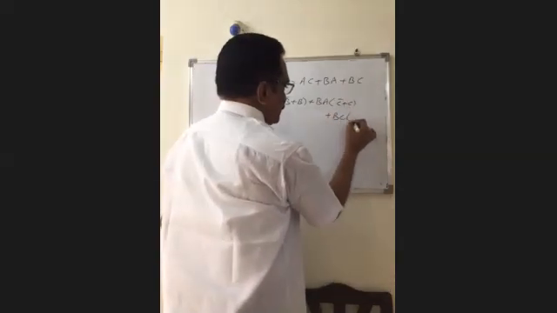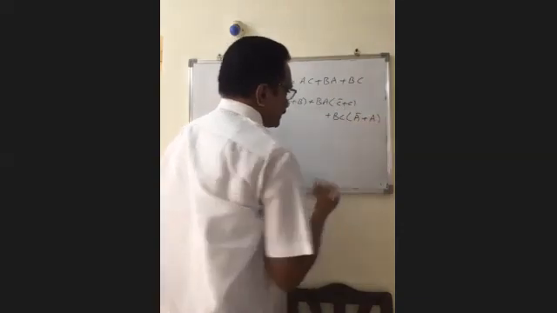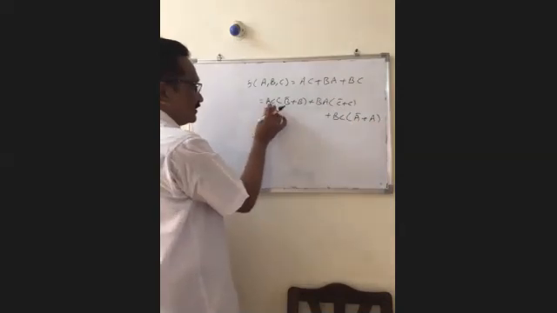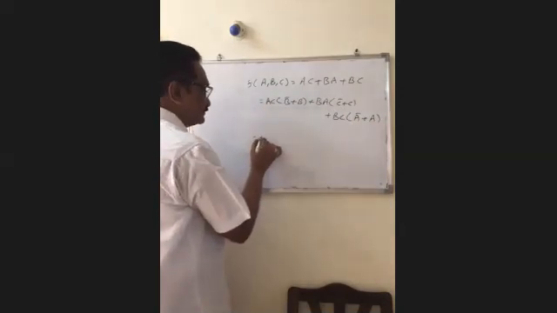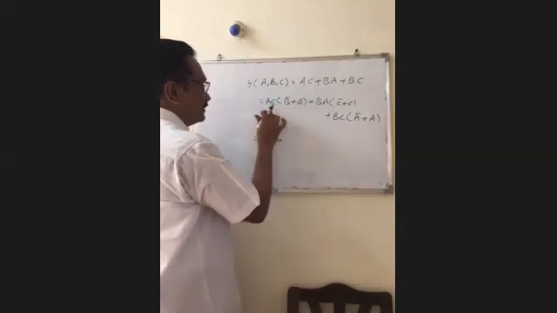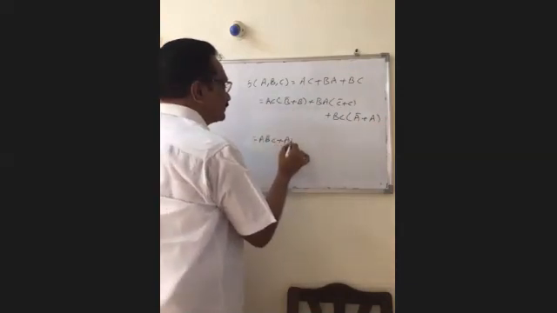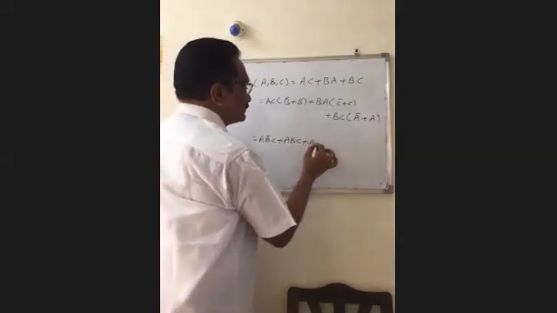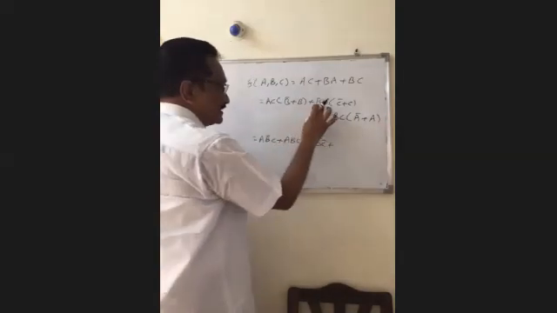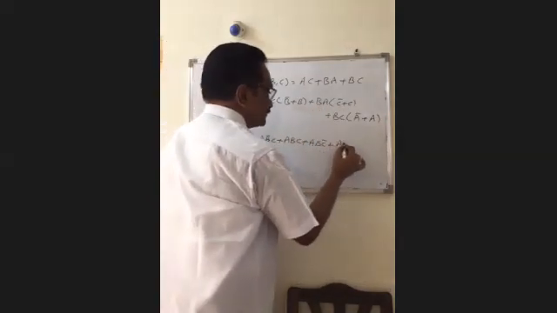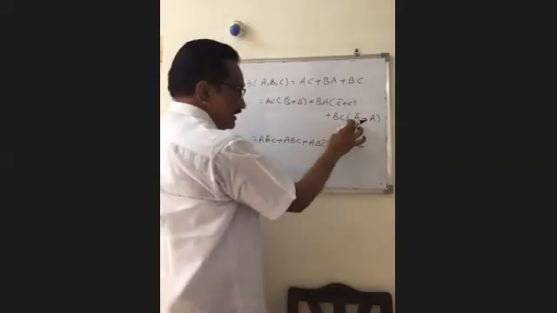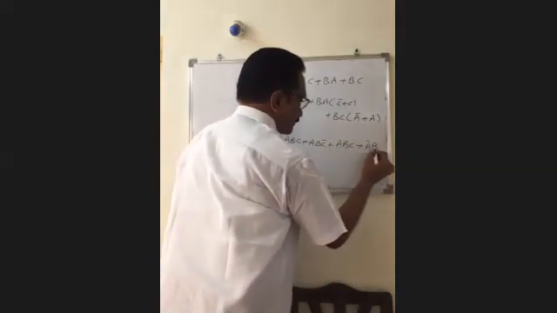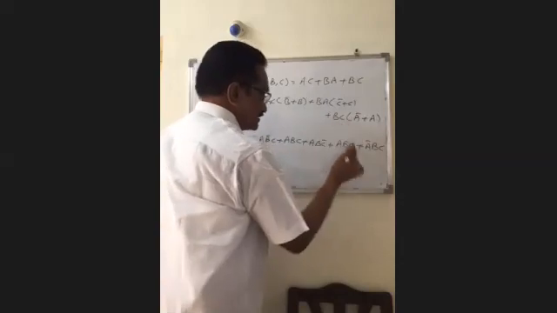So write BC into A bar plus A. Next, write AB bar C, and for your convenience, plus ABC, plus ABC bar, plus ABC, plus A bar BC, plus ABC.